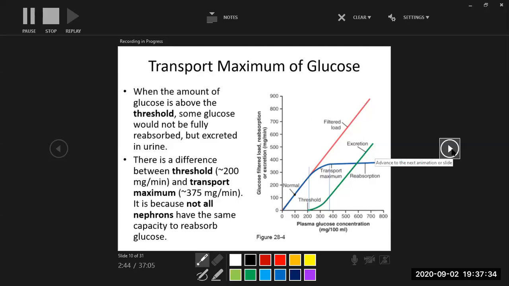So that's a very different concept: glucose reabsorption is capacity limited. The sodium reabsorption is proportional, always about 2/3 of the sodium. As for glucose, as well as amino acids, it's always 100% unless it's above this threshold.